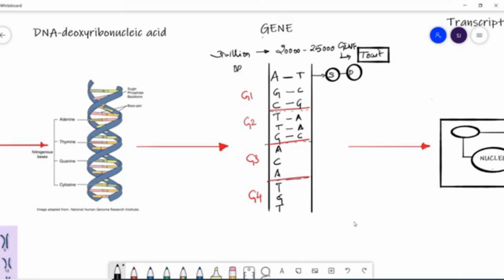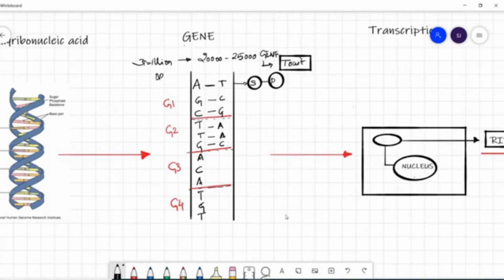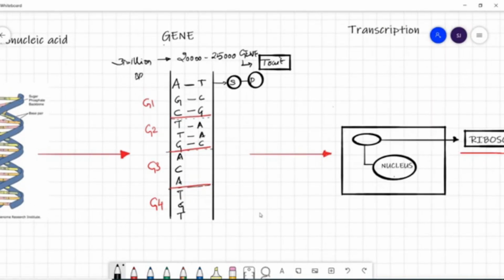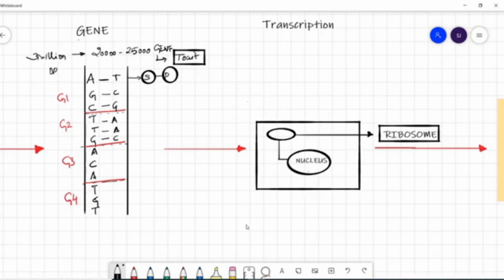And the point we now have to consider is how the gene present in that DNA gets transcribed into that particular trait. For that, there is a process called transcription.